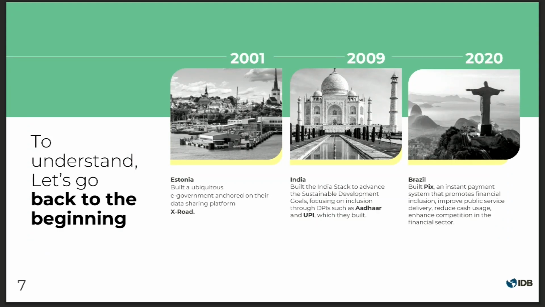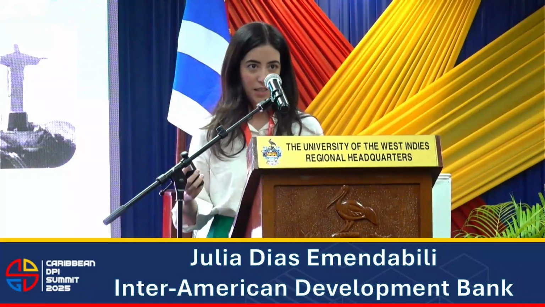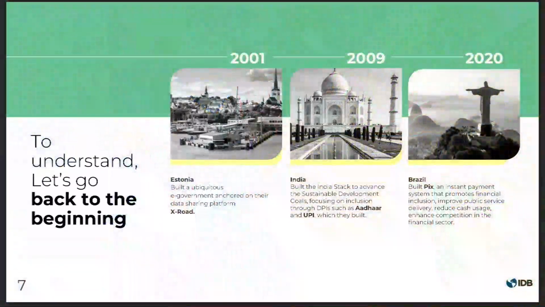Let's start from the beginning. I know that DPI as a term started in 2023. We also know that DPI in practice started a long time before that. I also know that all of you really know those 3 use cases and those 3 countries, so I'm not going to spend a lot of time here.